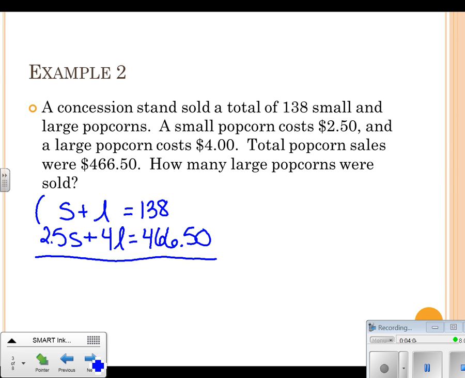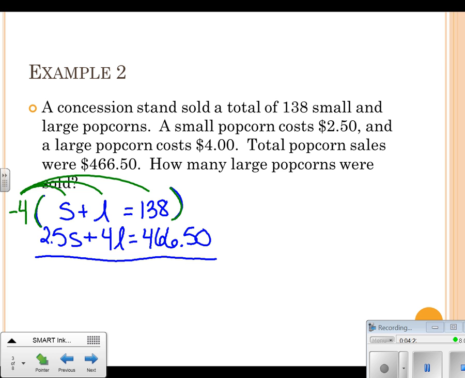I'm going to take the top equation, and I'm actually going to use a different color here. Notice I'm putting parentheses around the whole thing, and I'm going to multiply everything in the top by negative 4. We distribute to everything.